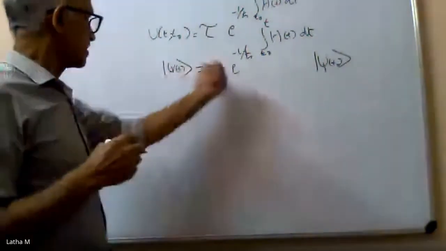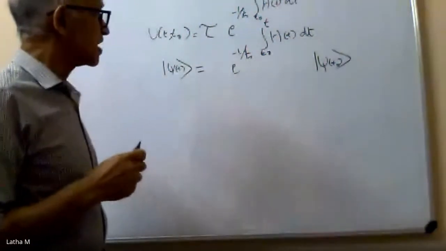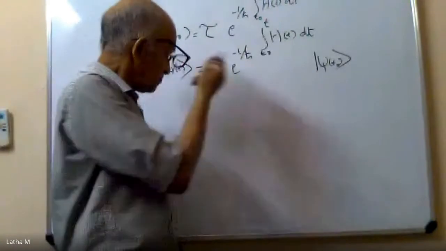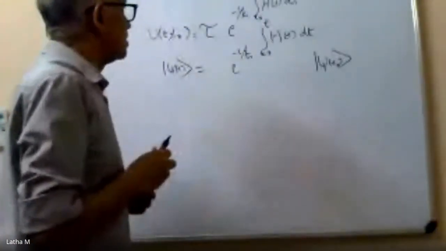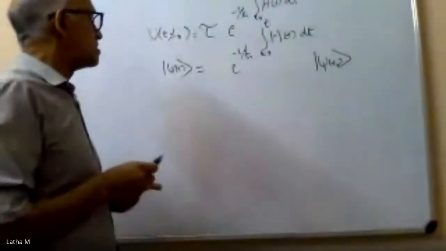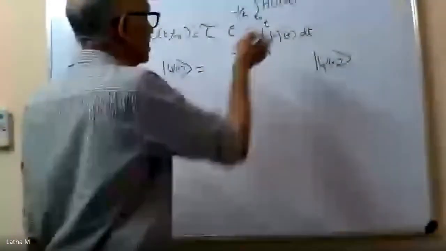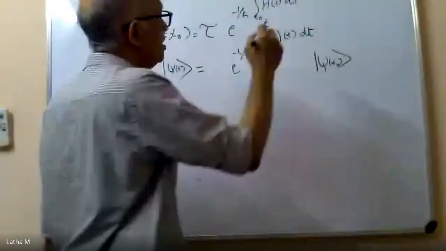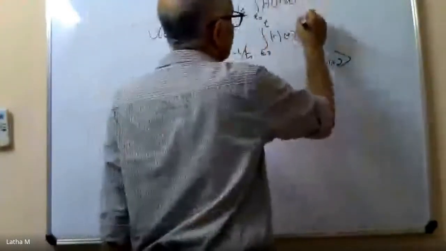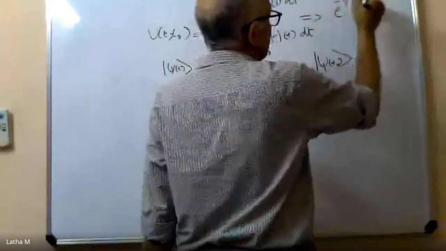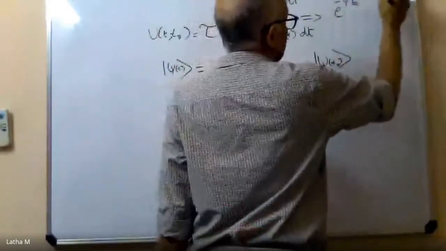This is the time evolution of psi with the time. Of course, when the Hamiltonian does not depend on time, we get this H outside. We get the usual expression, that is exponential minus i by h cut H (t minus t0).